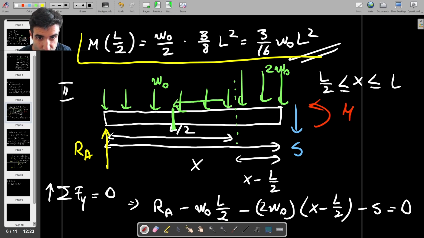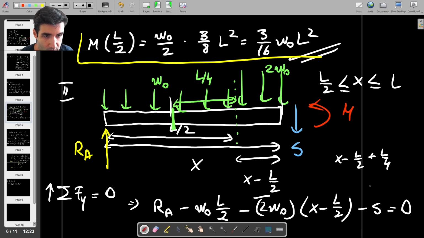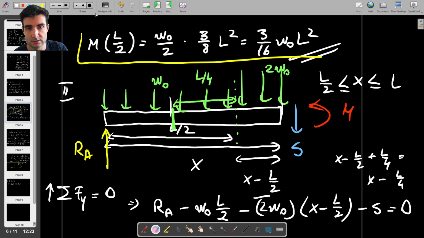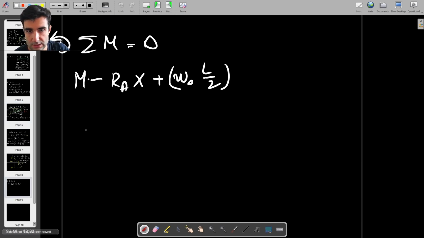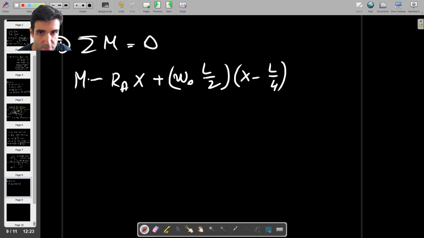So you have L over 4 here. So the moment arm is going to be L over 4 plus this. So it's literally from here to here, right? Let's write it like this for a bit, which is X minus L over 4. So X minus L over 4 is the moment arm.